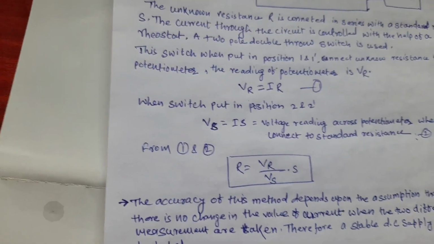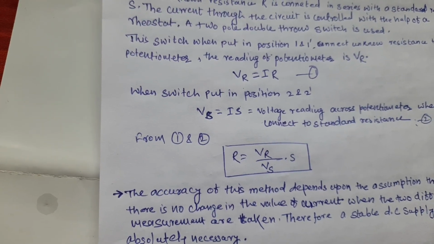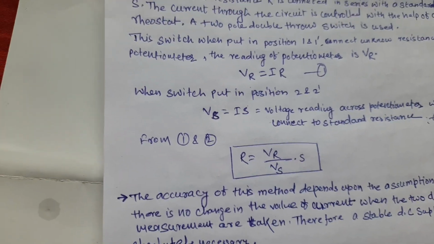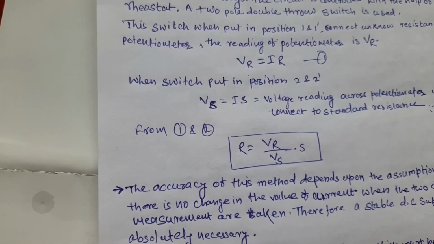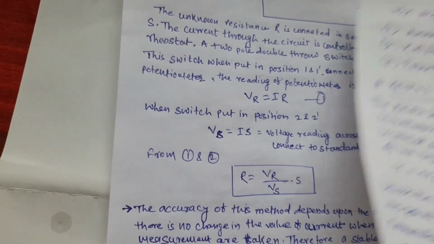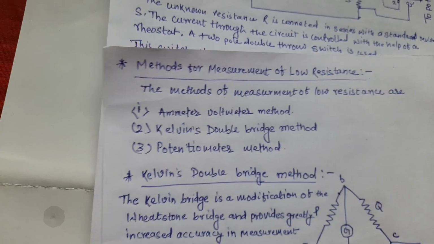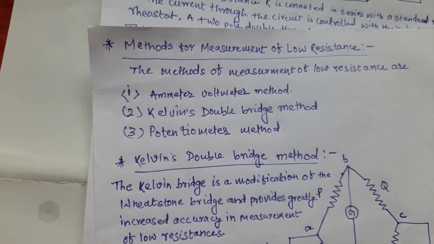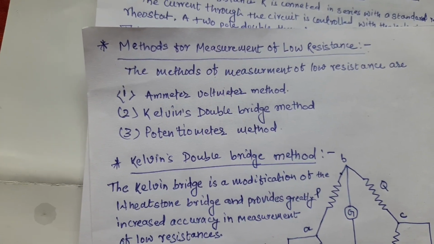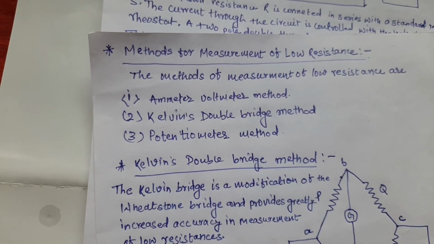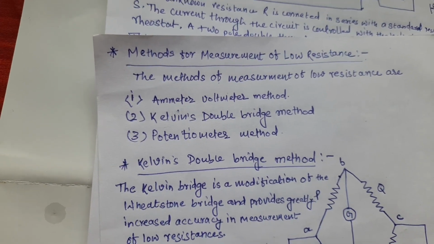So finally we conclude the portion on measurement of low resistance. Measurement of low resistance has three types: the voltmeter-ammeter method, the Kelvin double bridge, and the potentiometer. Among them, the Kelvin double bridge method is most suitable for the measurement of low resistance. The Kelvin double bridge method is a modification of the Wheatstone bridge.